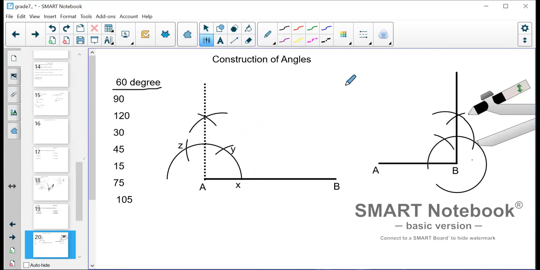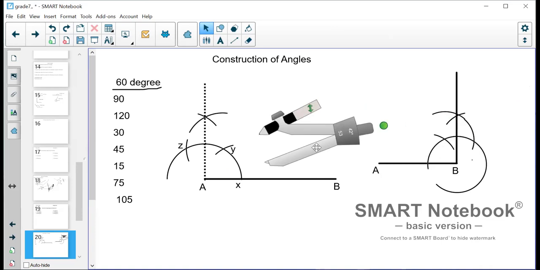All right, so what we'll do now, as I said, in order to get 45, we should find 90 first. So you draw the line, scribe the first arc, then you scribe the next one, which would give you 60, and you scribe this one, which would give you 120. You do your bisection, and you draw the broken line up. That would give you 90 degrees.